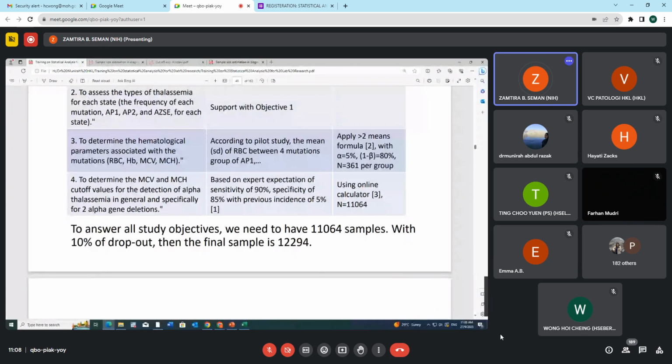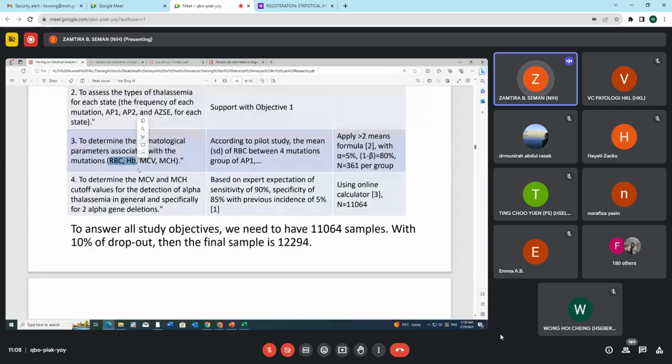Someone can help me? RBC and HB. This is not true, but I just want to use these two numerical. Usually is it a positive correlation or negative correlation? Someone help me. It will be positive. Okay, thank you.